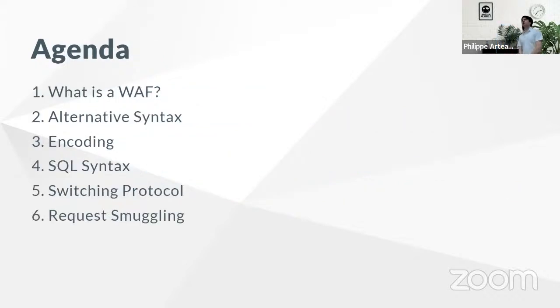Now, for this presentation, I divided into 5 main categories of WAF bypass, plus an introduction to begin with. And those categories are general categories. So I'll give plenty of examples for each. But I think the main goal of this presentation is that you remember the general categories.